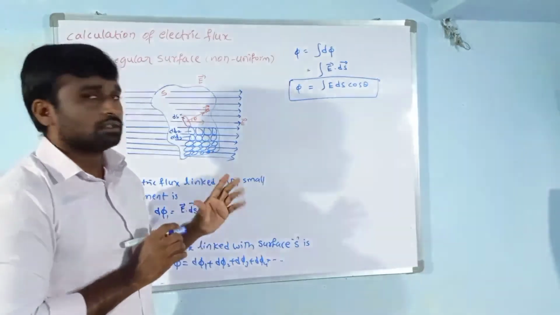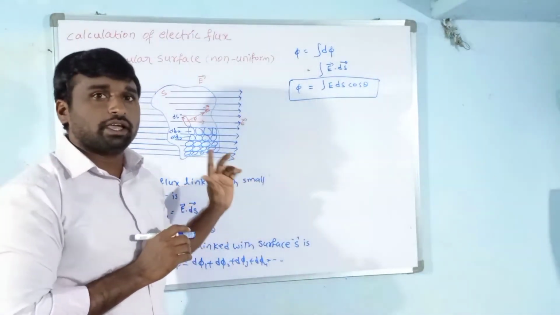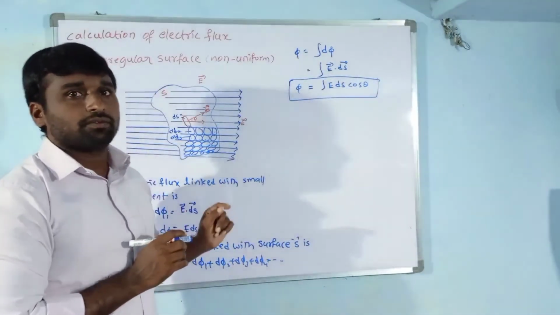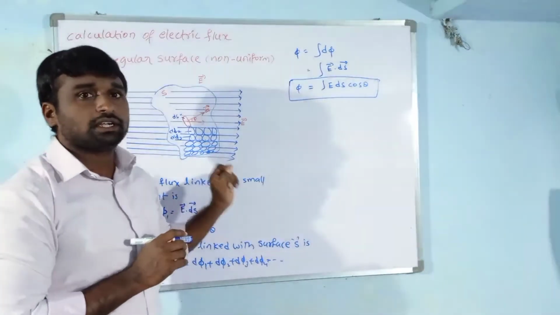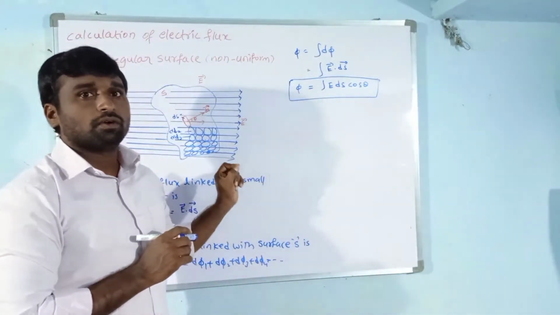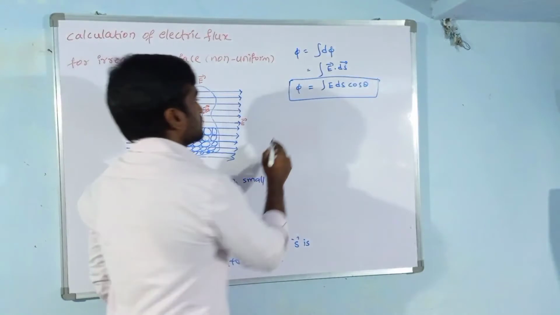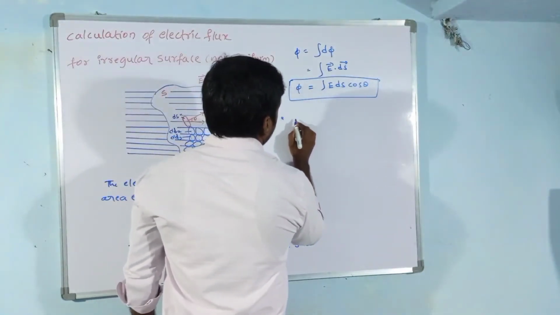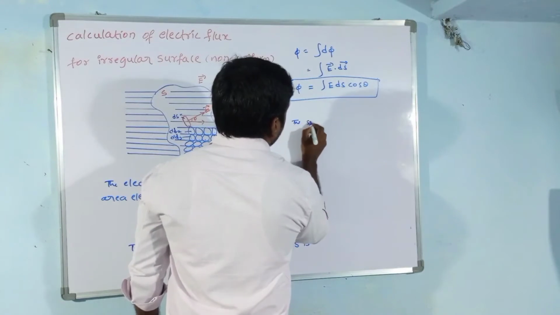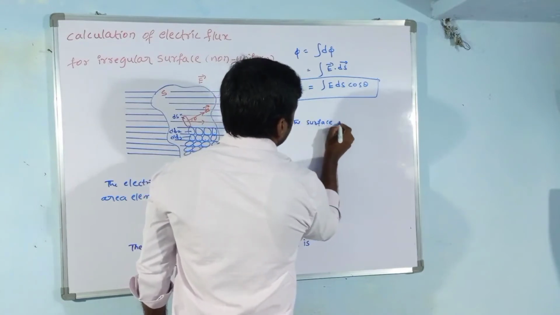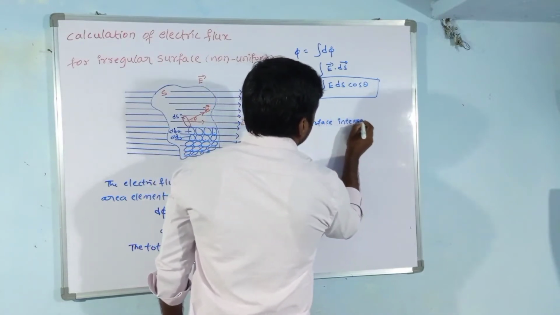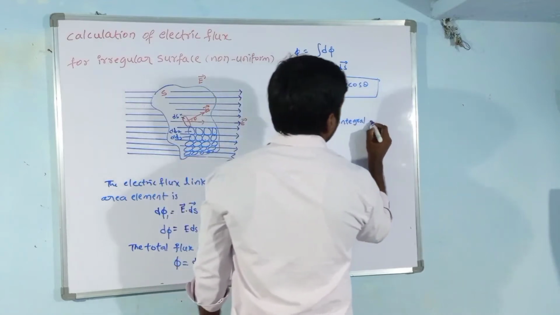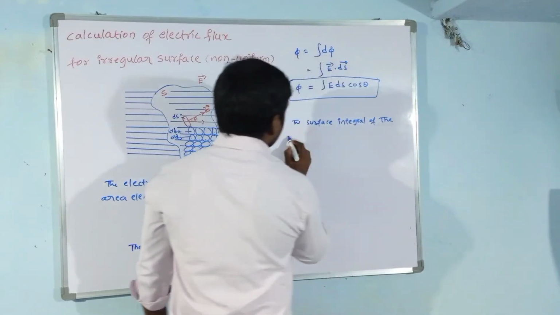The electric flux linked with any closed surface is defined as the surface integral of the electric field over that surface.